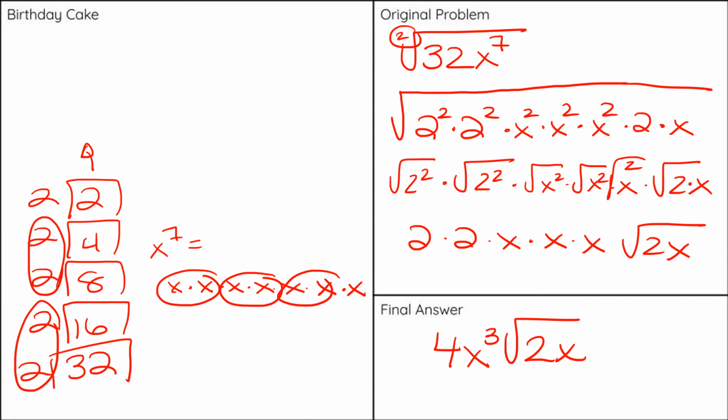So our final answer is 4x to the 3rd square root of 2x.